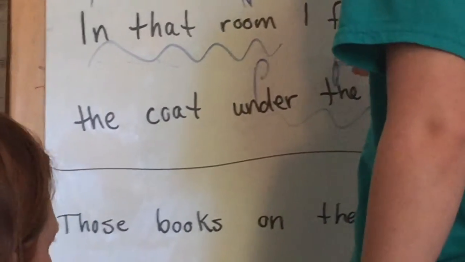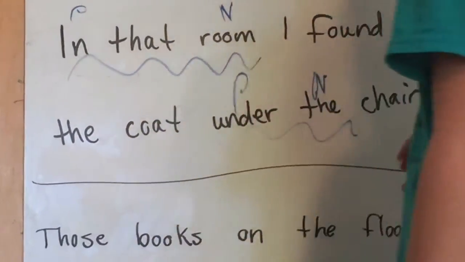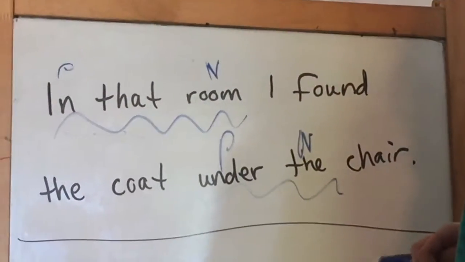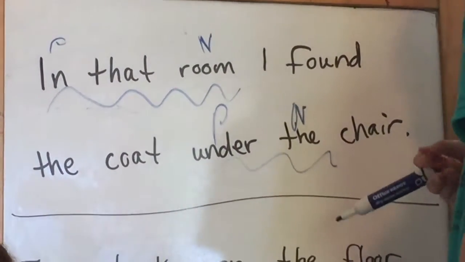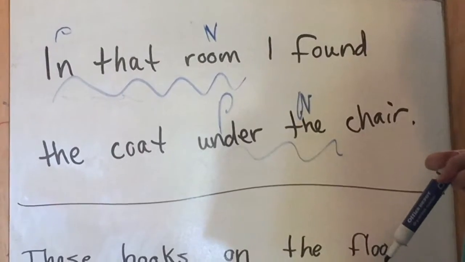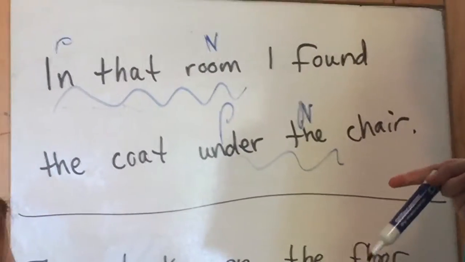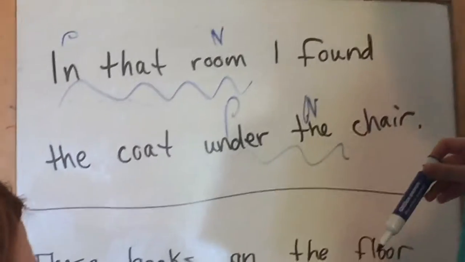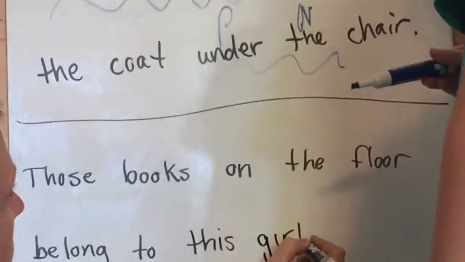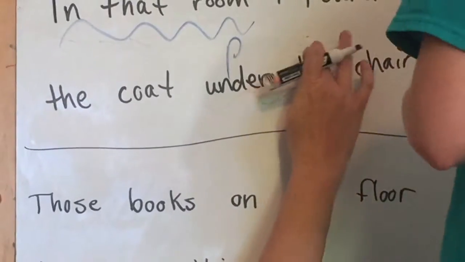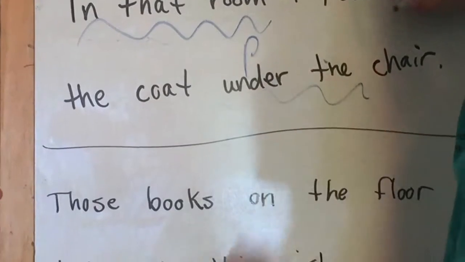Preposition and noun. And step number 5. Allie, that is not a noun, it's an adjective. No, then you labeled it wrong. Oh yeah, chair. Good job.